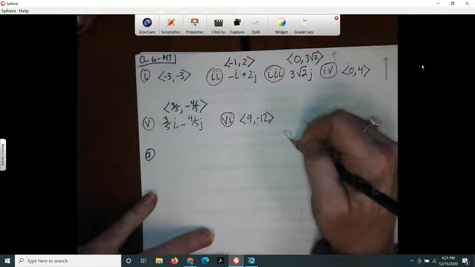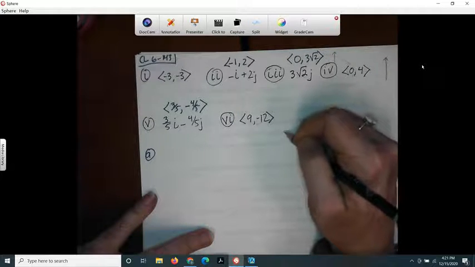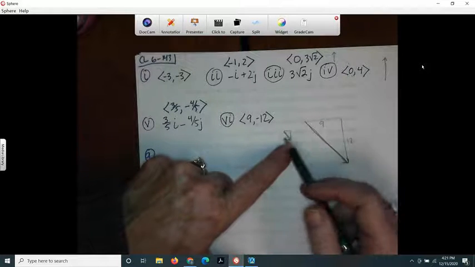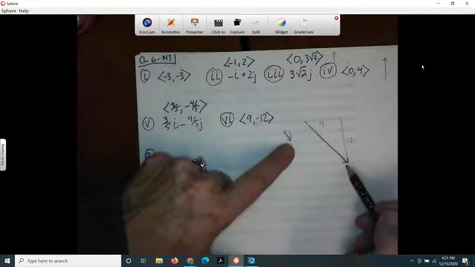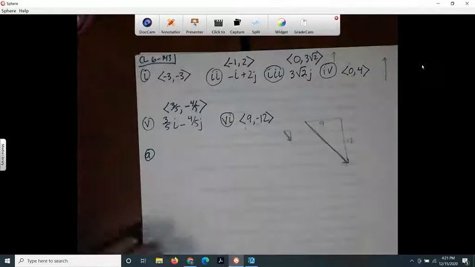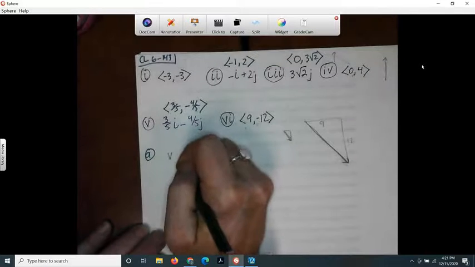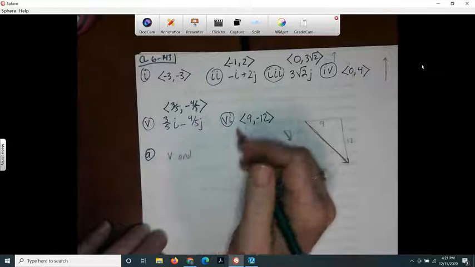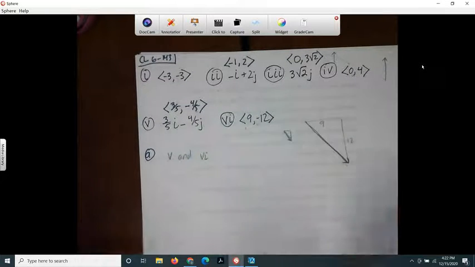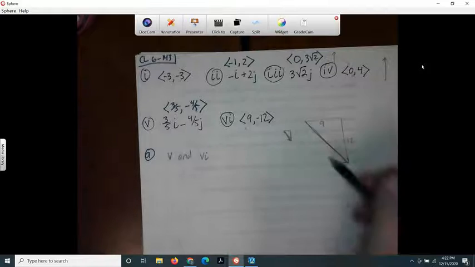It's a tiny vector, but it has the same slope and goes the same direction as the bigger one. So the answer to letter A is vector V and vector VI. They have the same direction but a different magnitude.